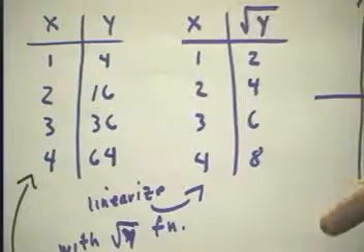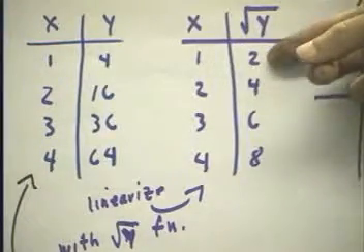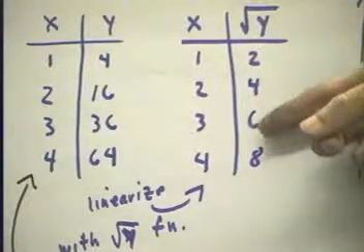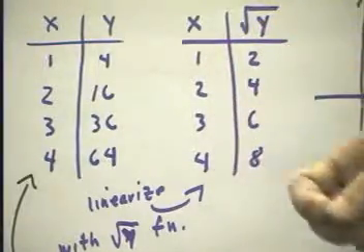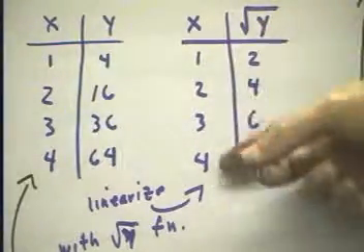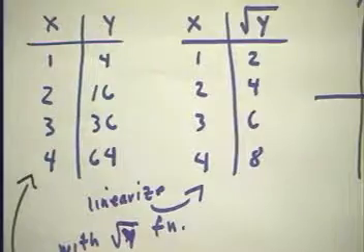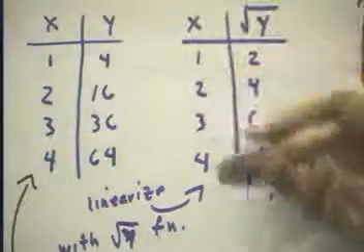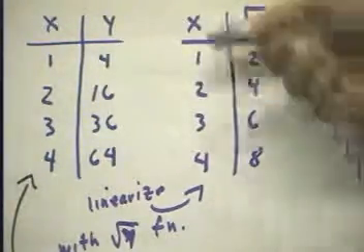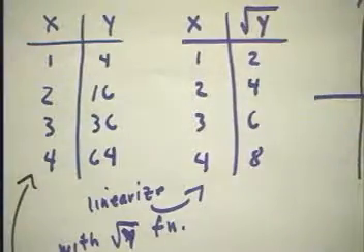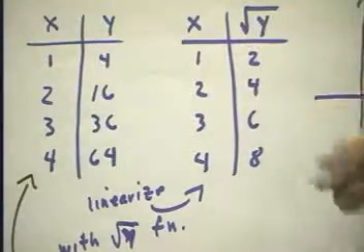So that's pretty obvious. And now it becomes pretty obvious that we have the same rise between every 2 points, and the run is the same between every 2 points, which means we're going to have the same slope between every 2 points, which means that this table now has a linear graph. This is how we say we've linearized the table.